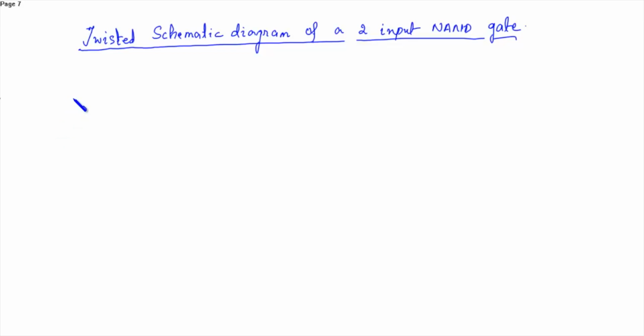When I say the twisted schematic diagram of a 2-input NAND gate, first draw the normal schematic, so that it's easy for converting it into the twisted schematic.